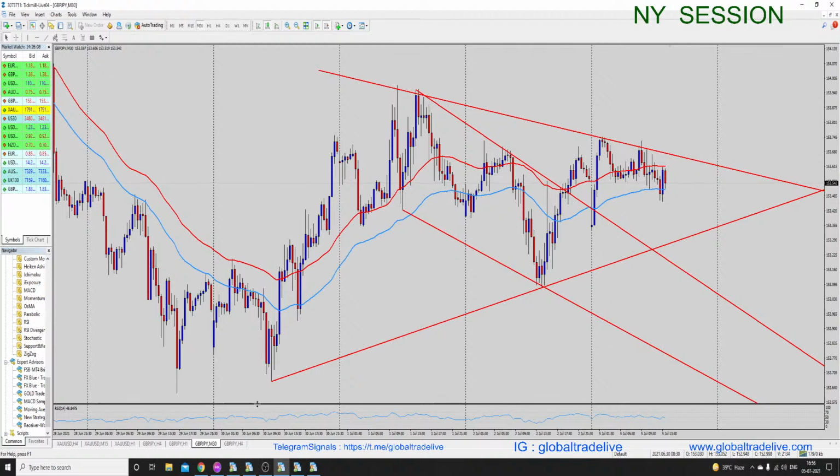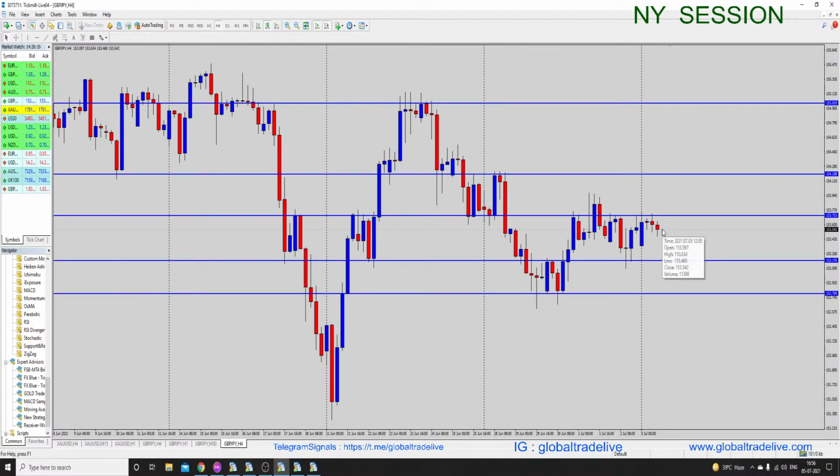But that totally will be depending upon how far the target is, right? Like, let's say right here in the 4 hour, if I execute the trade here, then I will be having a target of around 30 pips right now, because the range is 30 pips, right?